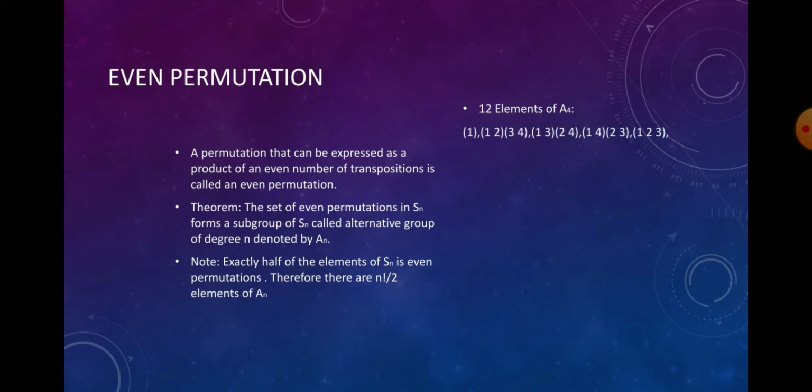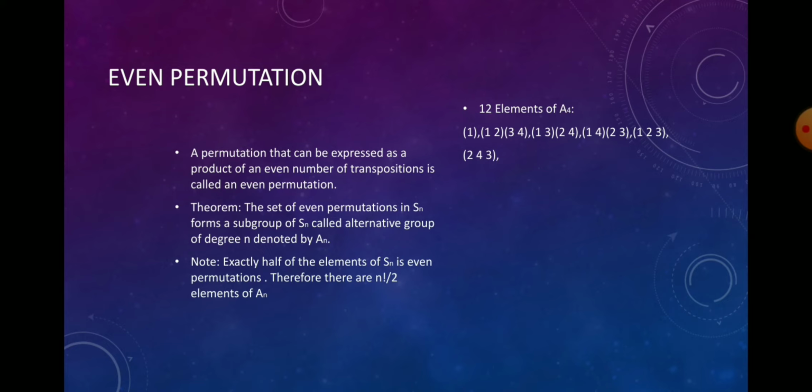The first 4 or 5 elements that I listed over here are the identity, then the 3 products of transpositions that we had in S4, and one of the 3-cycles, because we know it requires an even number of transpositions to represent it. Similarly, if I consider this 3-cycle, it also requires an even number of transpositions.